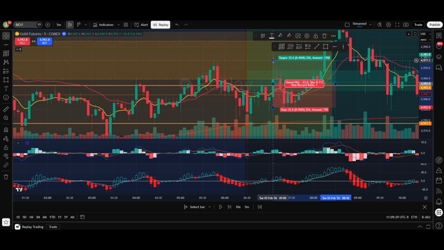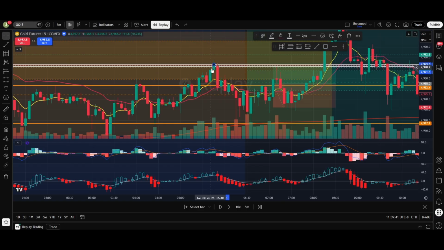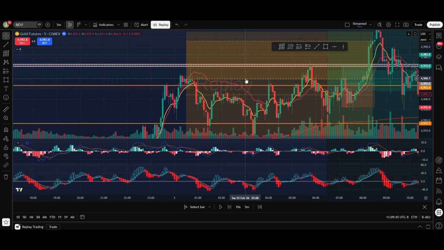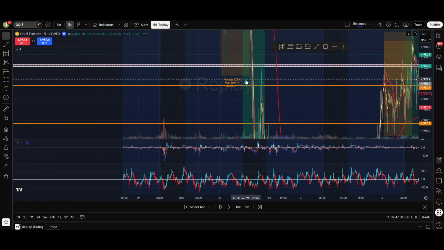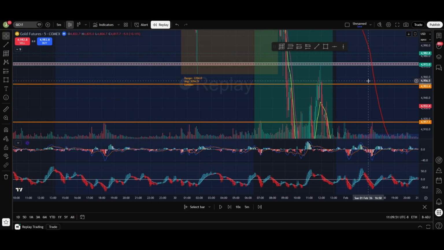Where would I have been targeting? I probably would have targeted this high on the bodies. Oops, not what I meant to grab. Okay. Probably would have been targeting this high. It gets really close. Let's see if there's any other indication that this is a significant area.